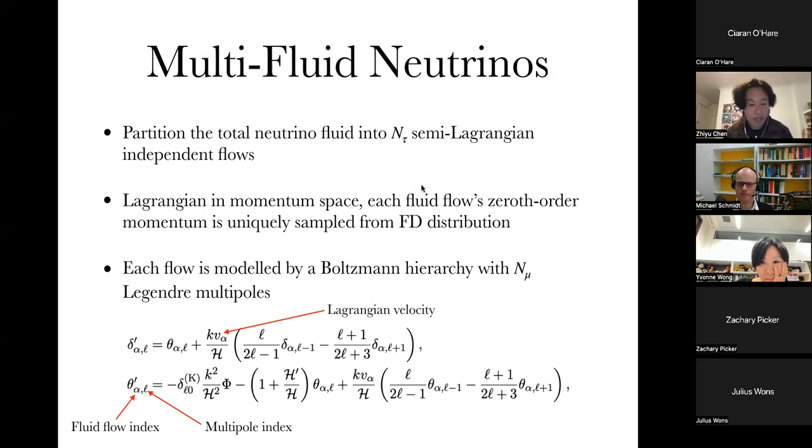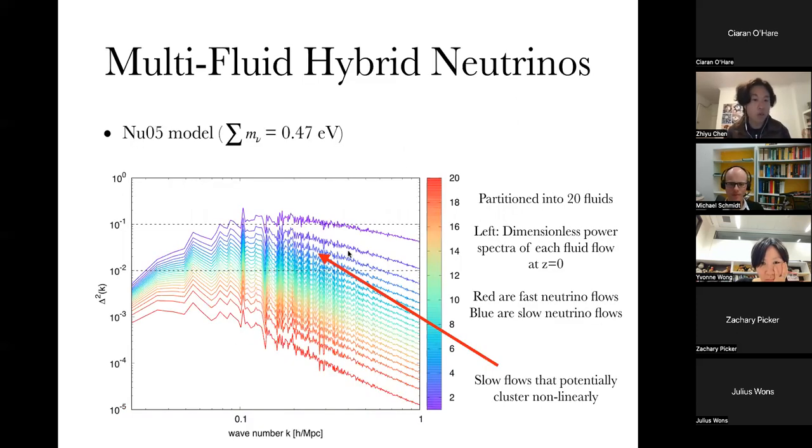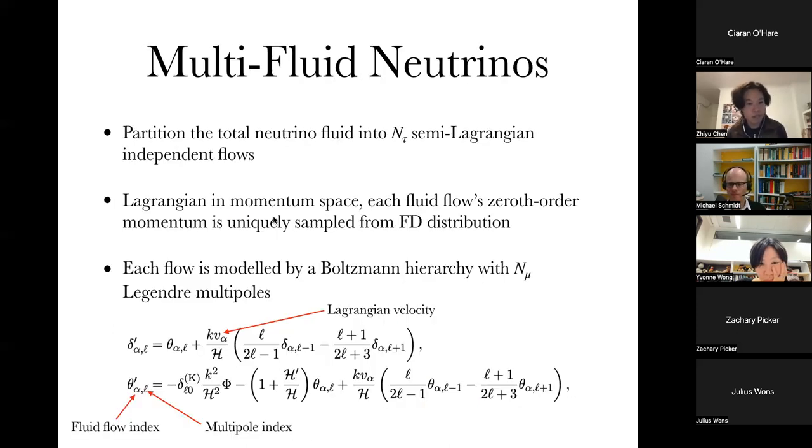We did do a study in the multi-fluid paper and found that if you compare a single Boltzmann hierarchy, like a CLASS calculation for neutrinos, versus the multi-fluid, higher than 10 fluids is enough to get you percent level accuracy. 20 fluids is perfectly sub-percent level accurate. If you add more, it will be purely for the reason of gaining finer control over the conversions. But in terms of the linear response, the linear perturbation theory accuracy, 20 is like a sweet spot for us.